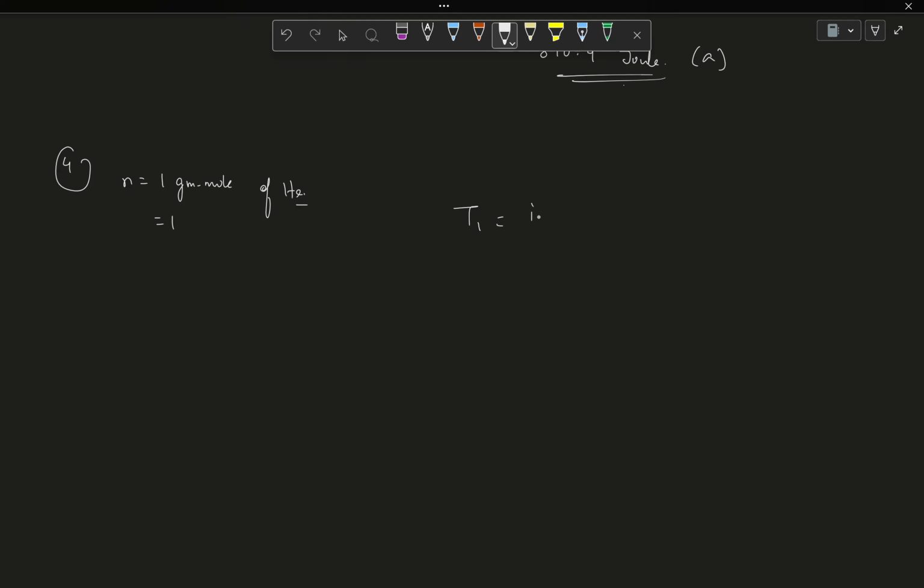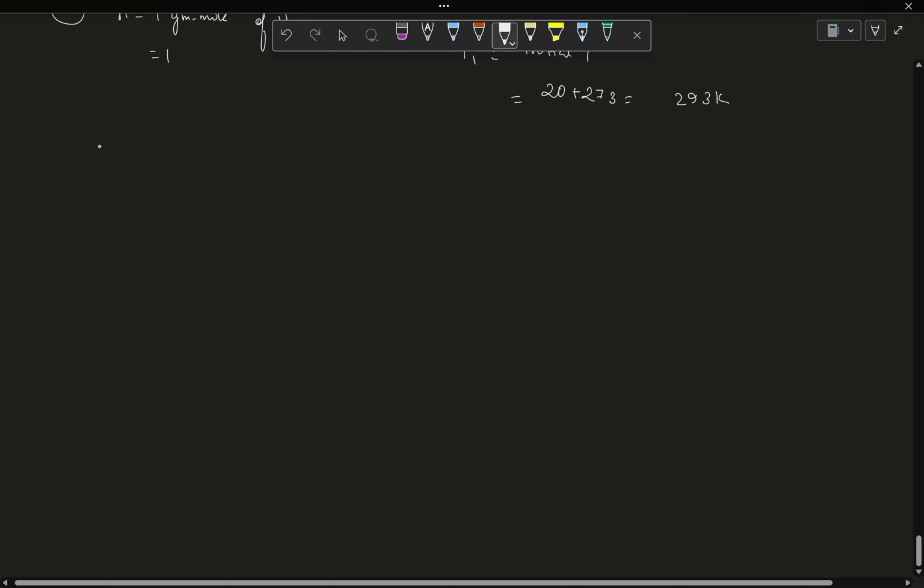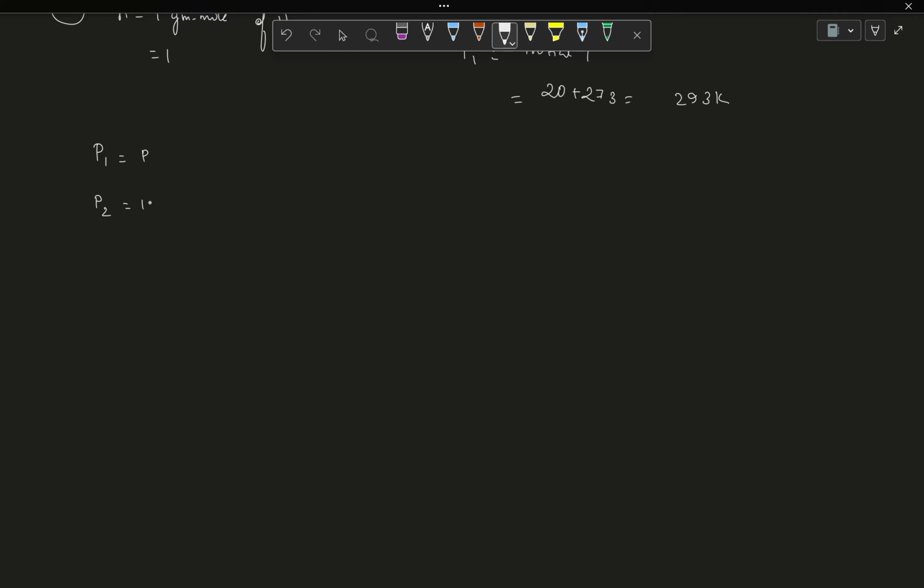T1 is the initial temperature, equal to 20 degrees centigrade plus 273 Kelvin, which is equal to 293 Kelvin. And your initial pressure, let's say this is P, and our final pressure is just 10 times the initial pressure, which is simply 10 P, let's say.